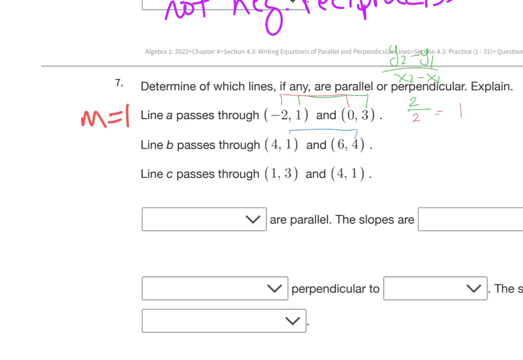4 minus 1 is 3. 6 minus 4 is 2. Last but not least, 1 minus 3 is -2. 4 minus 1 is 3. So check it out. These two are negative reciprocals.